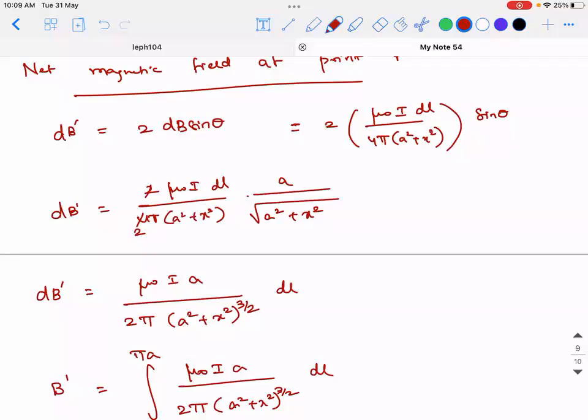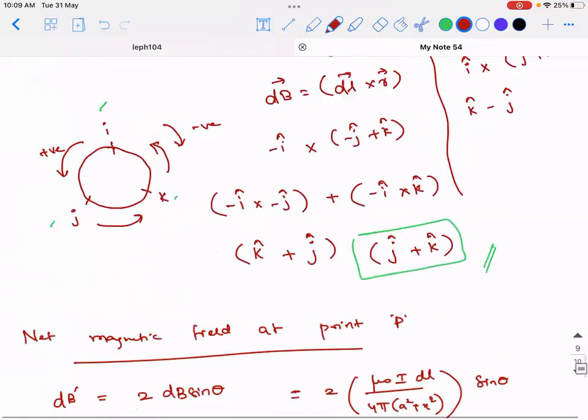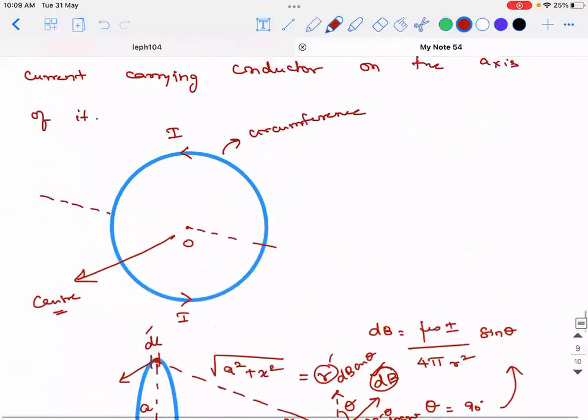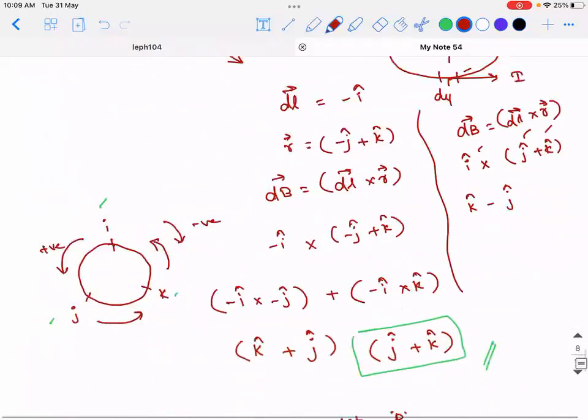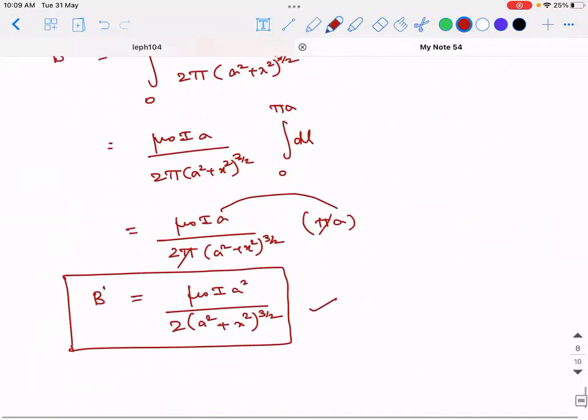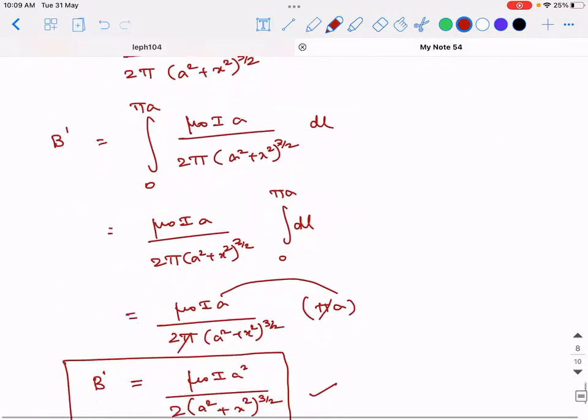Tomorrow, no excuses. 5. Tomorrow 5. Yes. Now I'll share the notes, you can have a look. Somebody is copying, right?